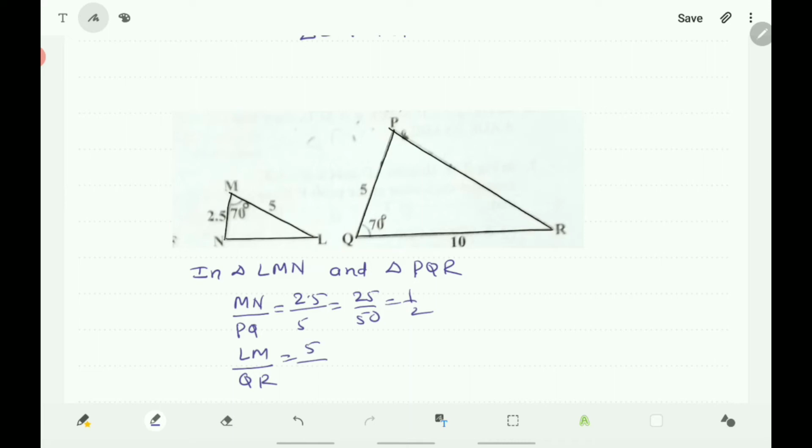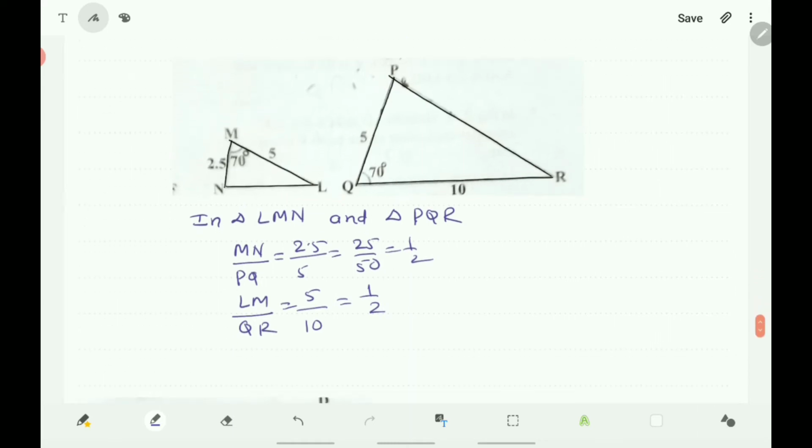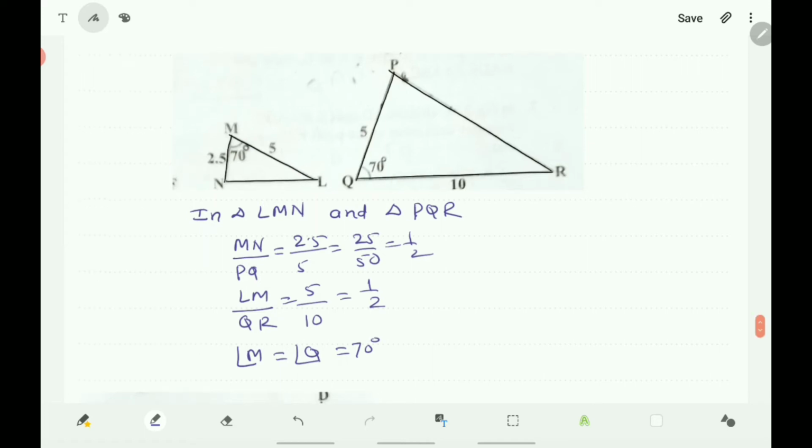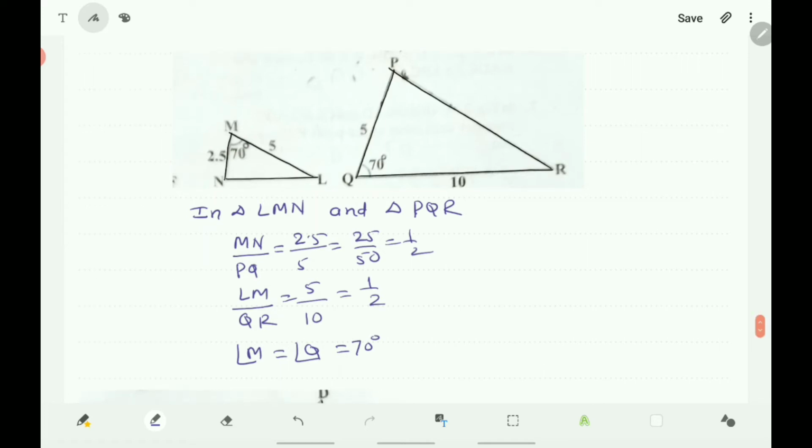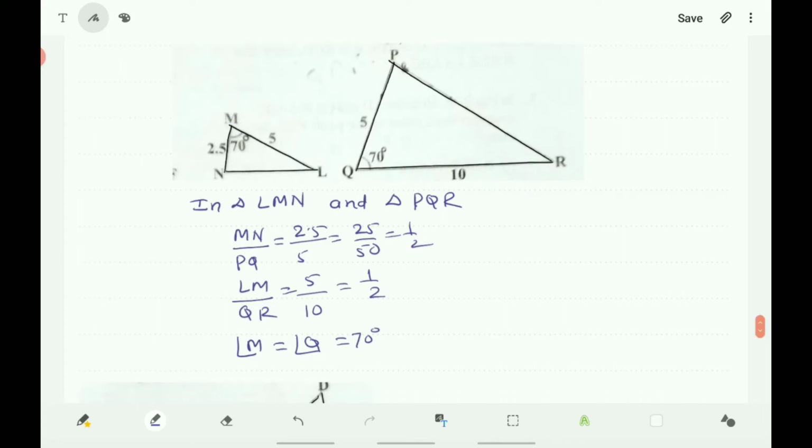LM is 5 and QR is 10, that is also 1 by 2. And you can observe that angle M is equal to angle Q. Both are equal to 70 degree. So here you verify the SAS similarity criteria, that is two sides are proportional and the angle between them is also equal.